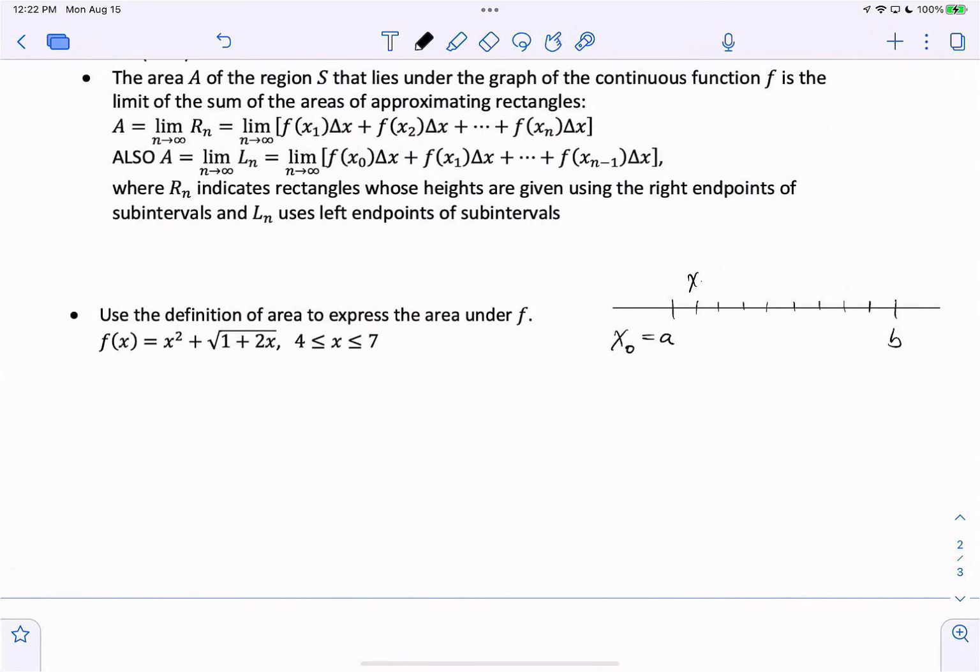And then we have an x sub 1 and an x sub 2 and so on. I'm just going to dot it because I don't want to identify each one. I want something more general. So x sub i there. And then we'll say b is x sub n, indicating that we have n subintervals.